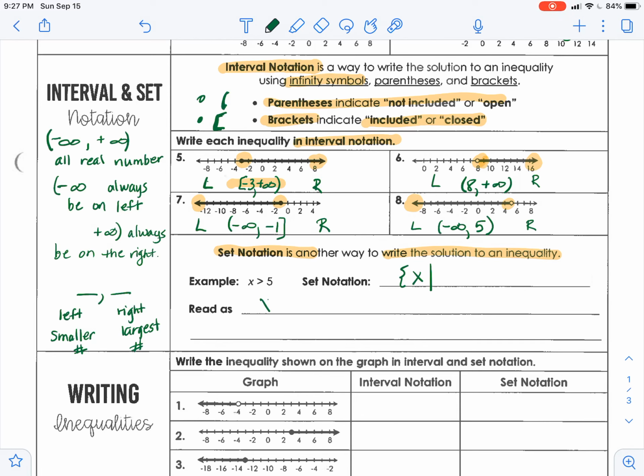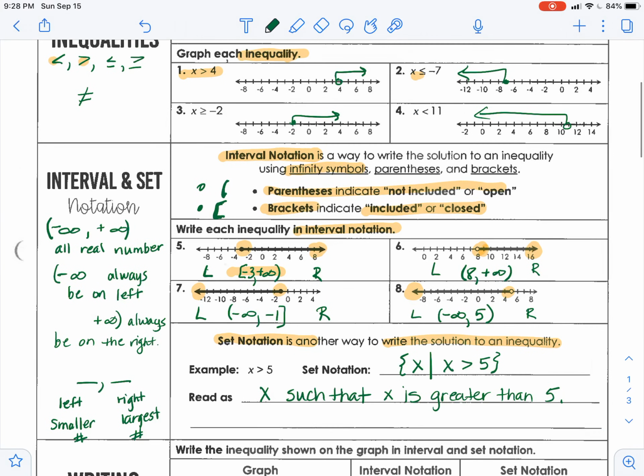This reads as x such that, and then we just write our inequality stuff. And so maybe we might write x is greater than 5. So that would read as x such that x is greater than 5.